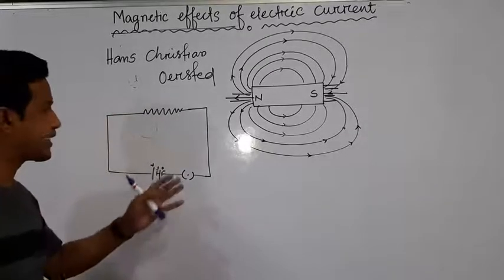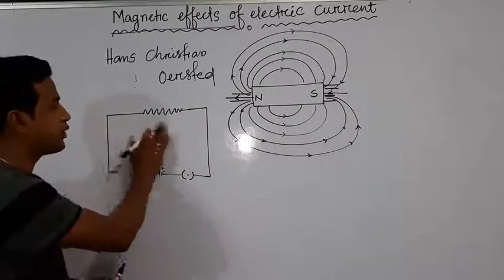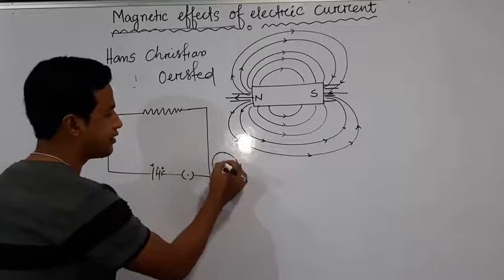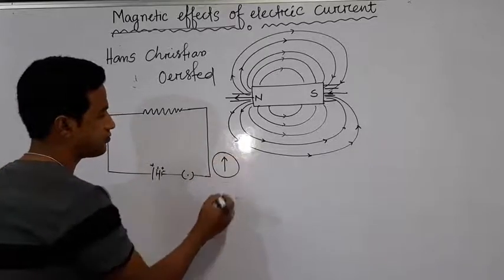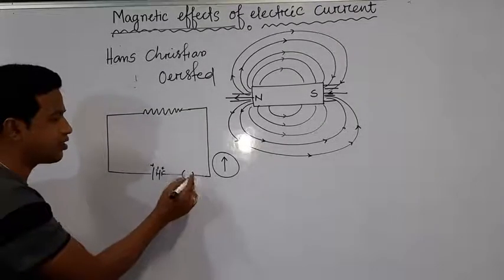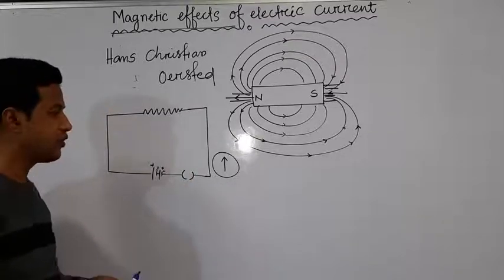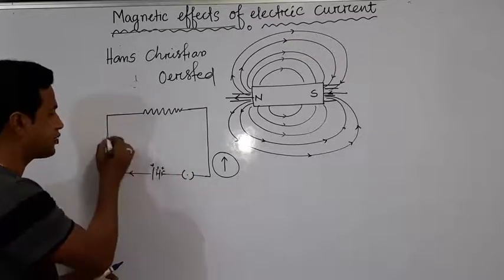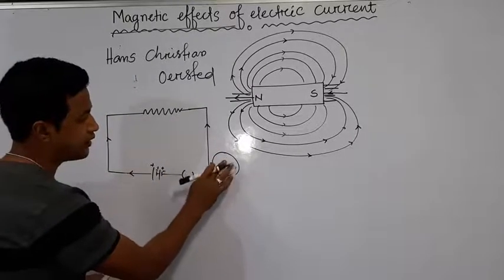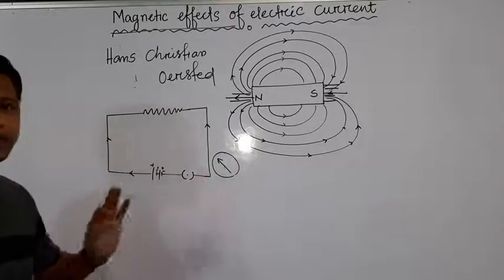He was doing the experiment with this circuit, and he kept a magnetic needle near the circuit. When the key is off, there is no deflection in the magnetic needle. When the switch is on and current is flowing through the circuit, the direction of the needle changes. The deflection happened in the magnetic needle.